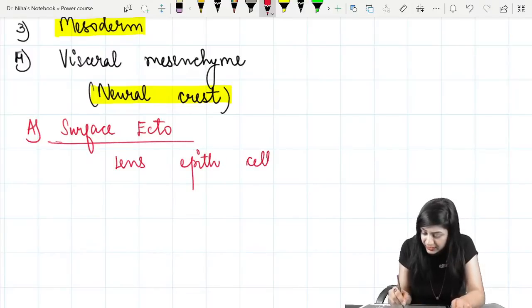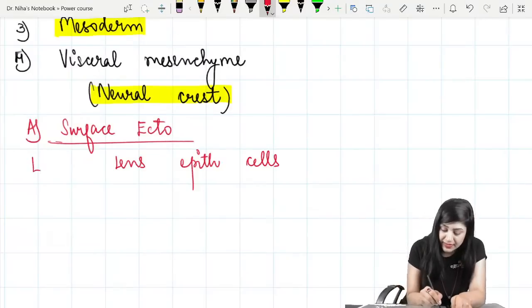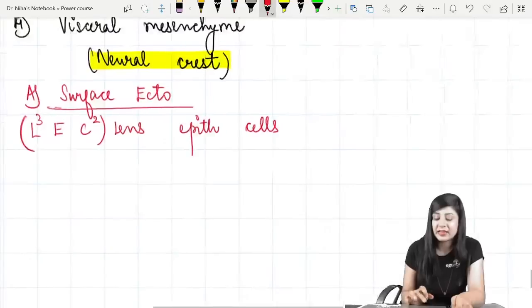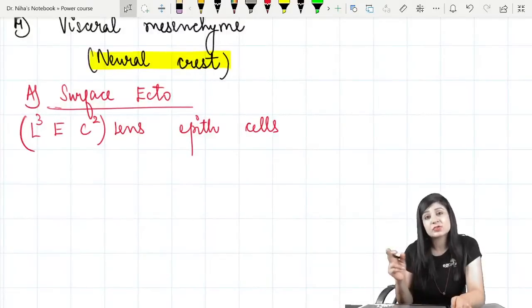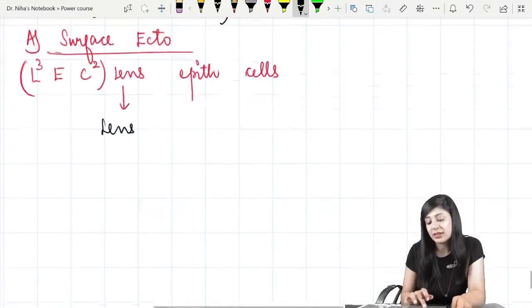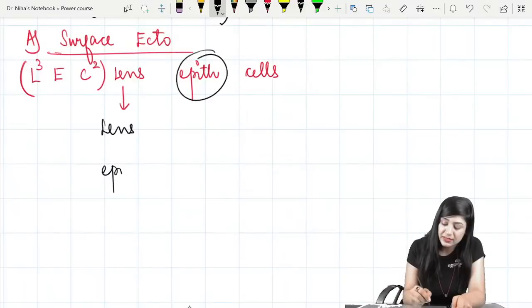The mnemonic is the lens epithelial cells, and total will be L3EC square. So one is the lens itself, the lens that is developing from surface ectoderm. Then next is epithelium.